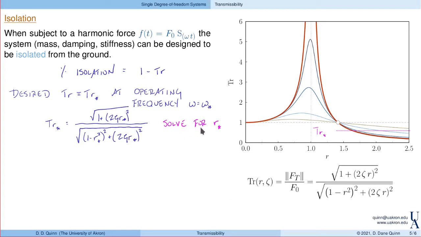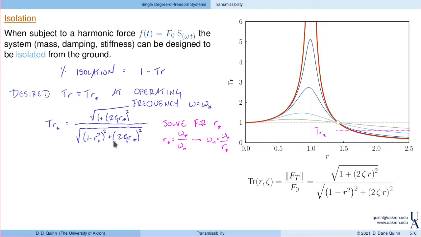And if we know the frequency ratio, then we can determine the desired natural frequency of the system. Because r star is our operating frequency divided by the natural frequency that we would design to, the desired natural frequency of our structure would be the operating frequency divided by the target frequency ratio. So again, if the desired transmissibility is specified, we can determine the frequency ratio, and this is now a function of the damping ratio as well.